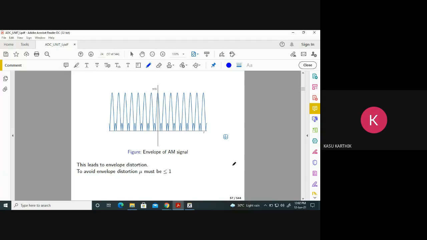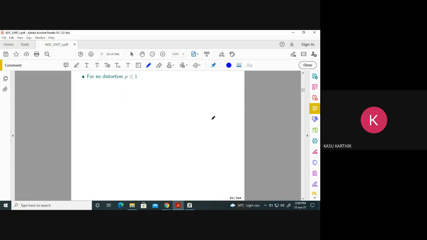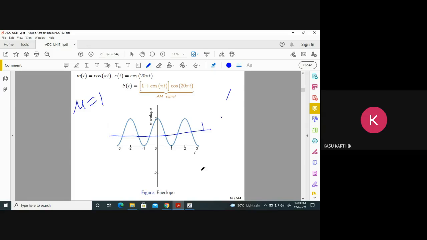Okay, so that's why either mu should be less than 1 or at least it should be equal to 1, but it should never be more than 1. So simply I can say it should always be between what values? 0 and 1. If mu is more than 1, we get an envelope distortion.